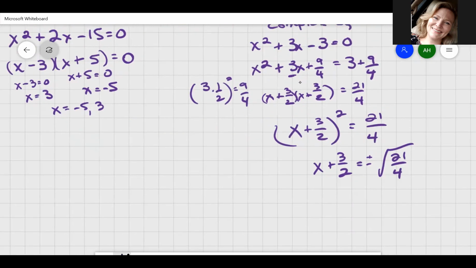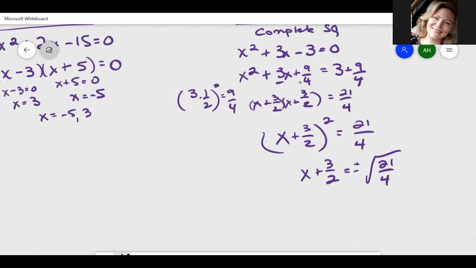Remember as you do this, there was a little issue on the test with a couple of people. Remember that this 4 right here, we're also finding the square root of that. So this comes out to x equals negative 3/2 plus or minus the square root of 21 over 2, because that 4 should become a 2.